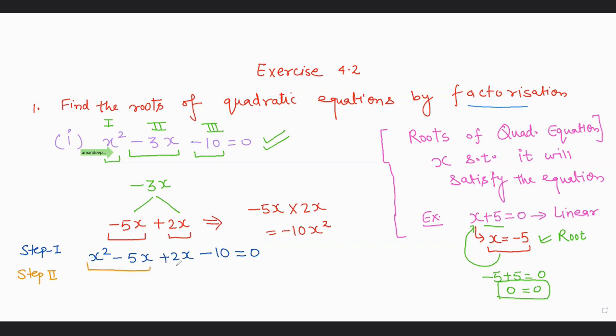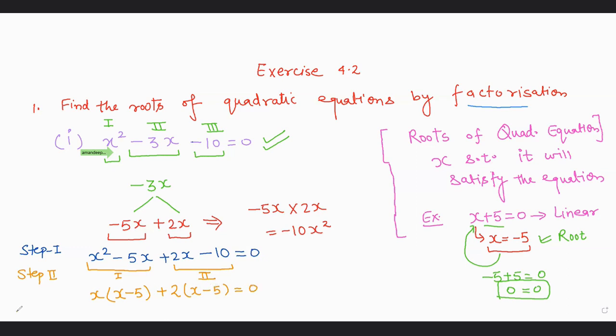The first part is x square minus 5x, and the second part is 2x minus 10. We take x common from the first, and the remaining part is x minus 5. Similarly, from 2x and negative 10, we take 2 common, and the remaining part is x minus 5, equal to 0.